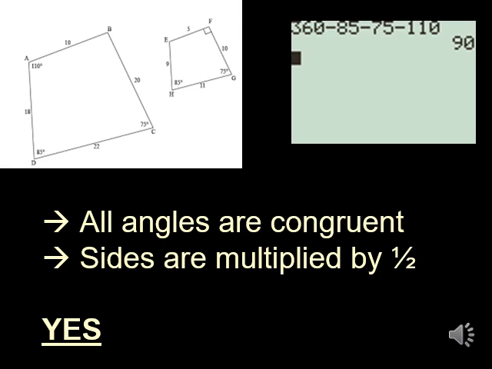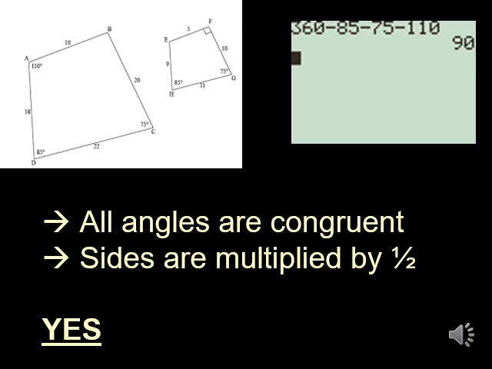What's not entirely clear right away is whether the angles also are going to end up being congruent. And what I have to do is figure out, so how big are the missing angles that we have? I did that by looking at the one on the left. I remembered that a quadrilateral has 360 degrees, and I subtracted off the angles that I knew to figure out that the one that's missing has to be 90.